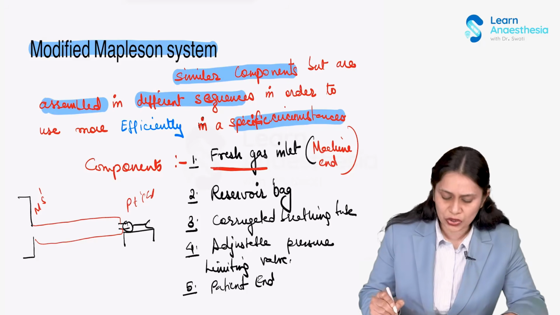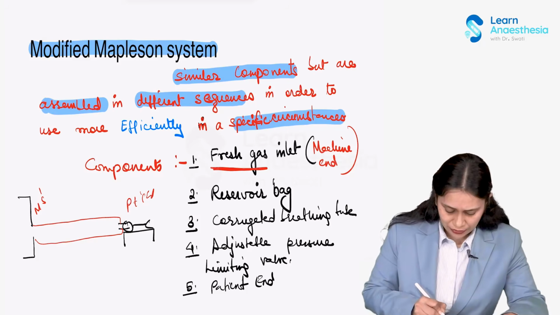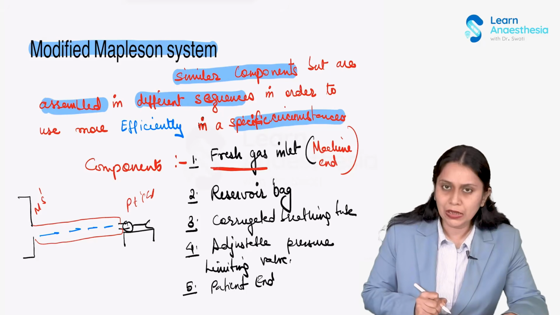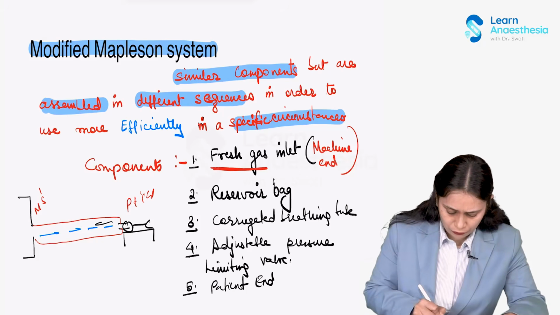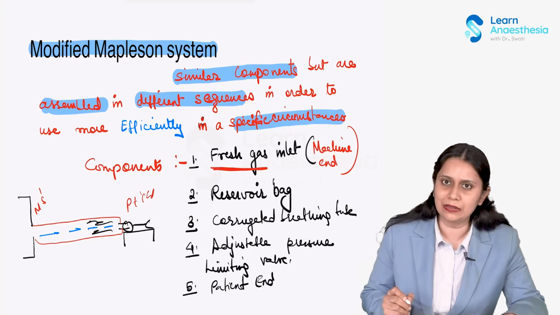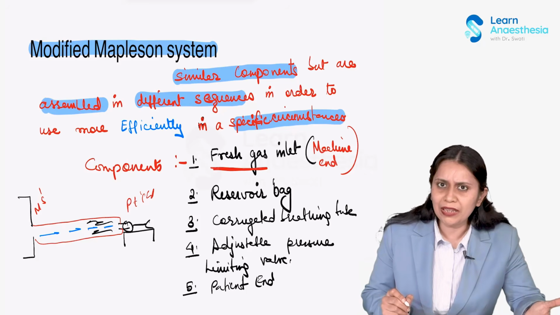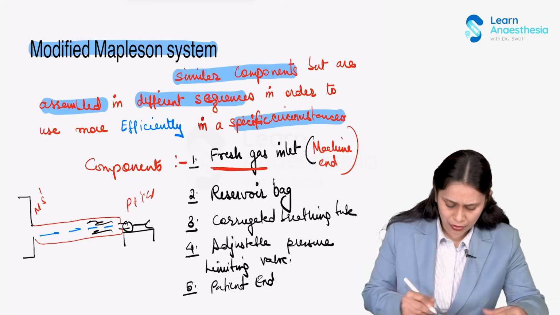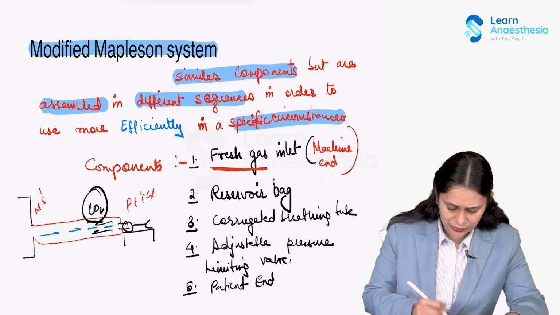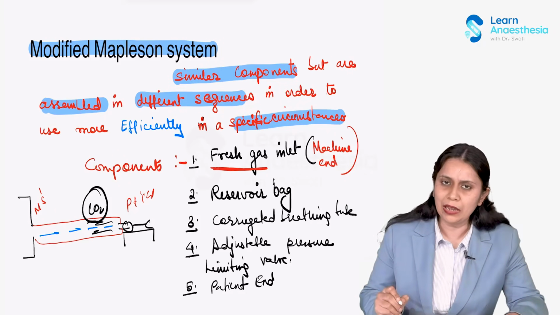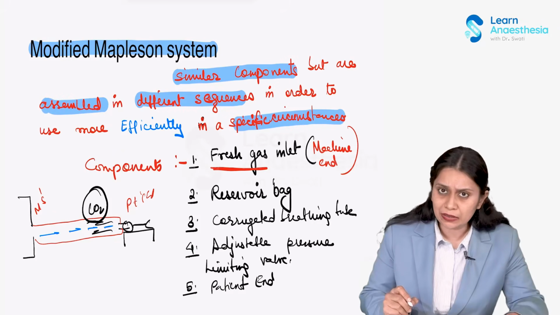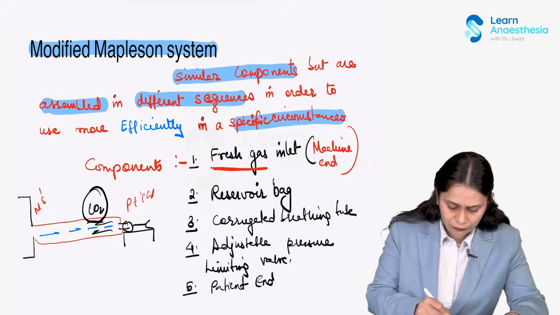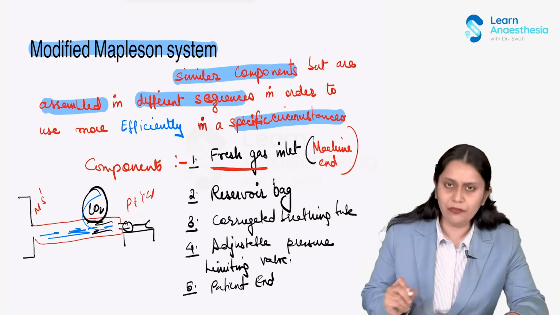And what is the work of the circuit? The work of the circuit is to bring the inspiratory gas and to remove the expiratory gas, meaning remove the carbon dioxide from the expiratory gas. And in the Mapleson circuit, it depends upon the influx of the fresh gas flow for removal of carbon dioxide.